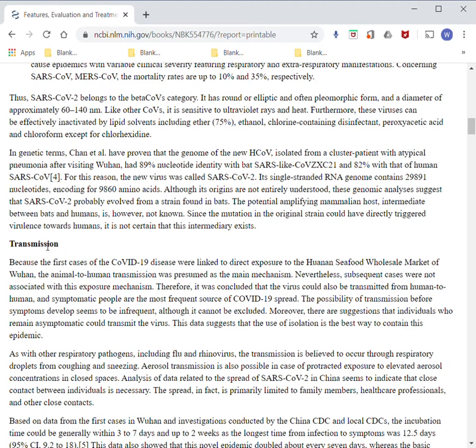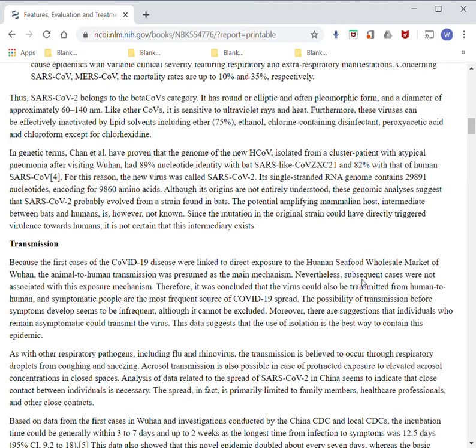I'll read this part of the first paragraph of transmission. It states, because the first cases of COVID-19 disease were linked to direct exposure to the Huanan, I hope I said that right, seafood wholesale market of Wuhan, the animal to human transmission was presumed as the main mechanism.